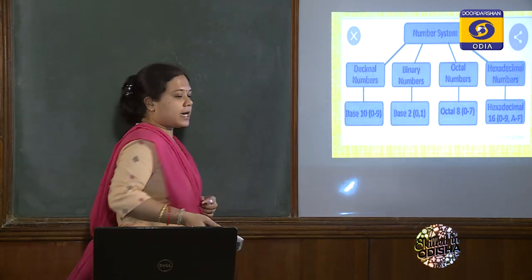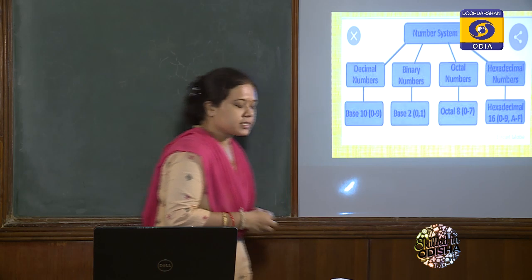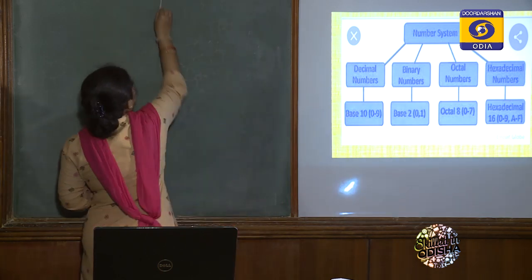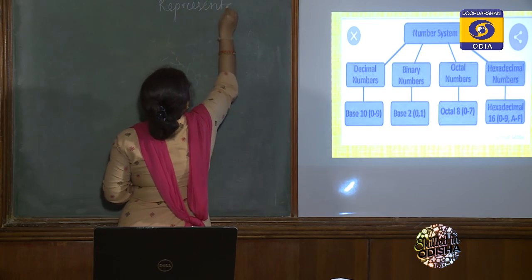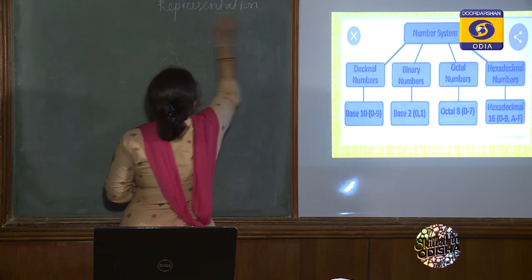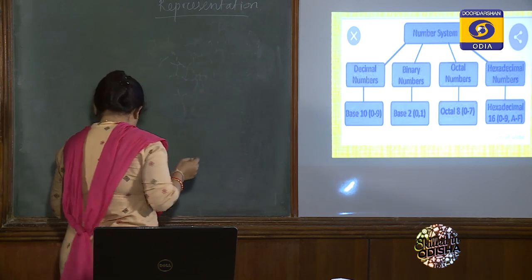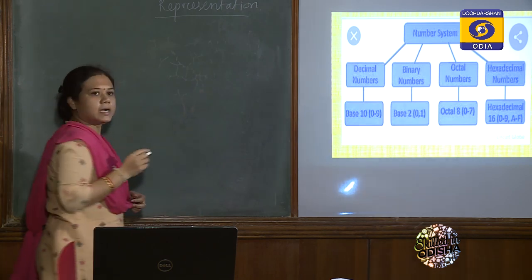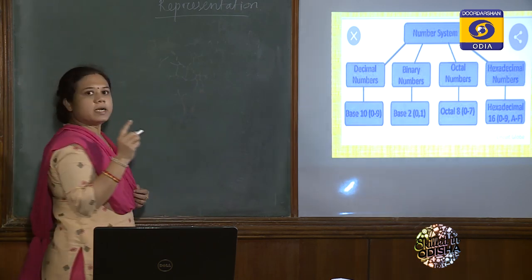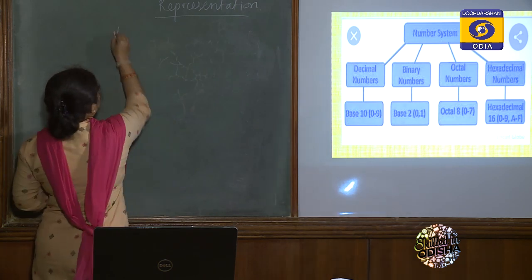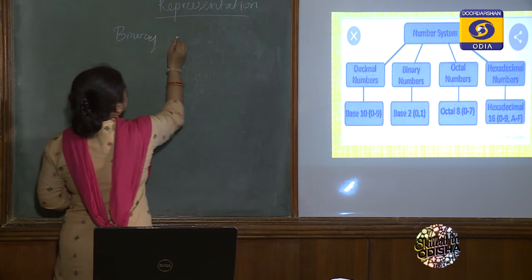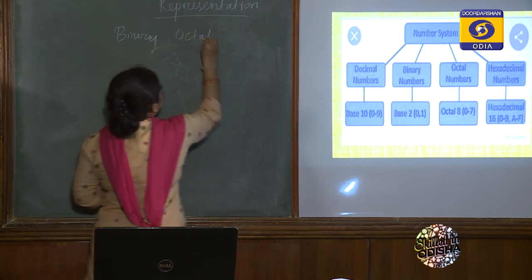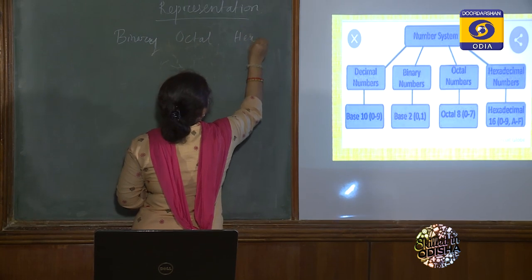Let's start with the representation: decimal, binary, octal and hexadecimal. This one is our binary number system, this one is octal and this one is hexadecimal.